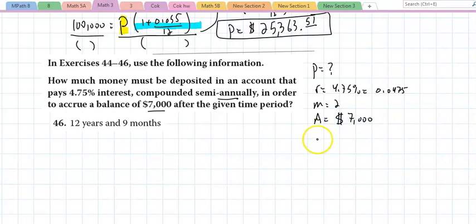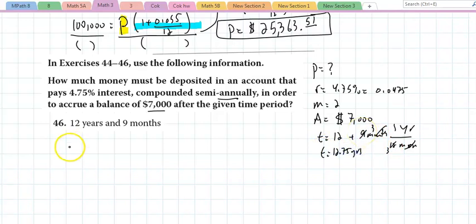We have a problem. The time period is given by 12 years plus 9 months. I need to convert months into years, so months at the bottom and year at the top. Each 1 year is 12 months. So 9 over 12 is 3/4, 0.75. So it's 12.75 years.